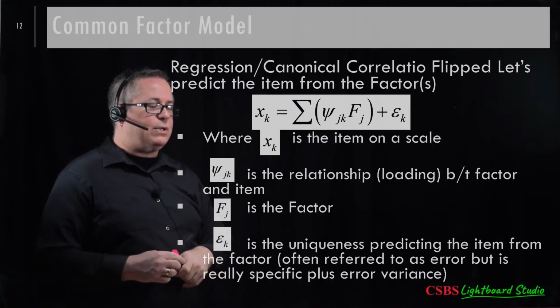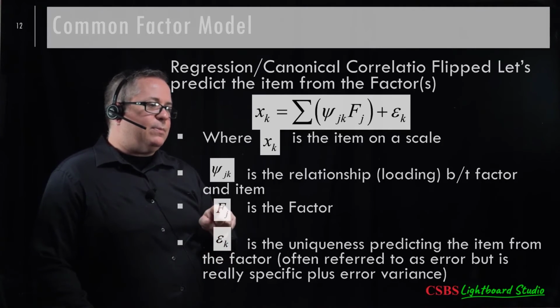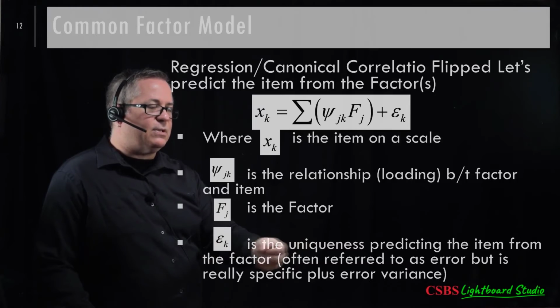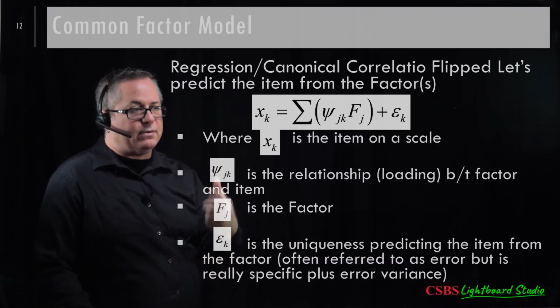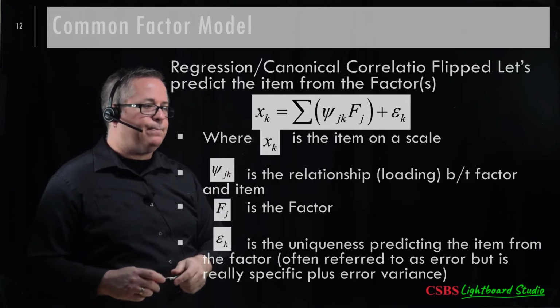Again, it's under this assumption that if the factor is predicting all the items, the factor should be explaining the shared variation among the items. So the variance that's shared among items is also the variance that's being predicted by the factor. That's an assumption being made about how items and factors relate.